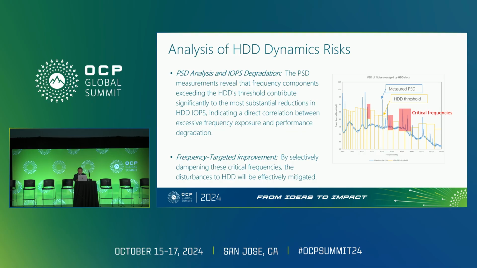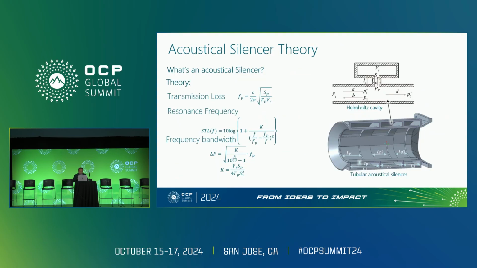With that in mind, I'd like to introduce the acoustical silencer theory. Acoustical silencers are typically engineered according to the Helmholtz resonance cavity theory. The principle involves the creation of resonance within the cavities, which interacts with the acoustical waves, effectively diminishing the energy of the outgoing wave.